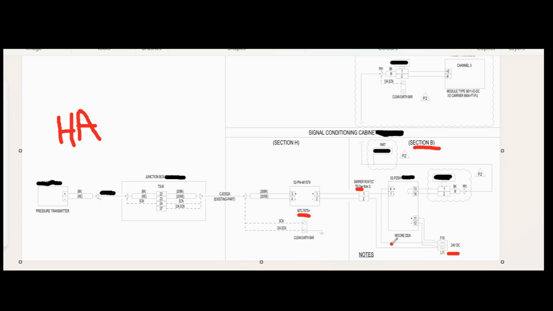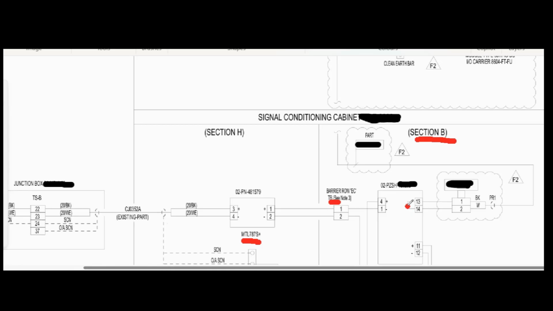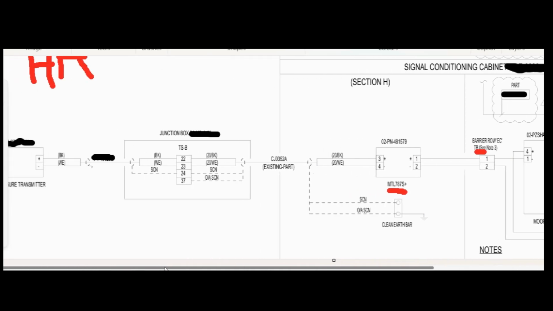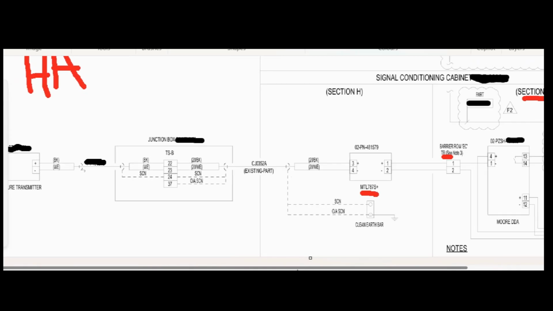Now this here, it says Moore DDA, and if we zoom in, we can see here on 13 and 14, which looks like a switch, an open and closed contact. So you can tell what this is because of this switch. On the pressure transmitter, because it's a transmitter, it's giving an analog signal in.